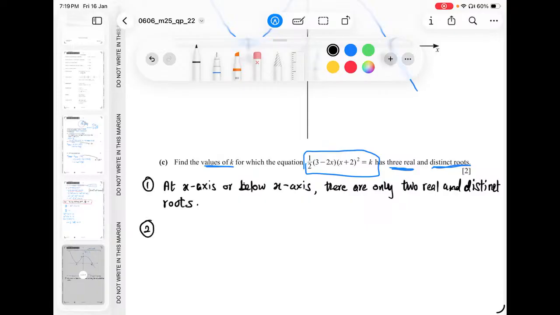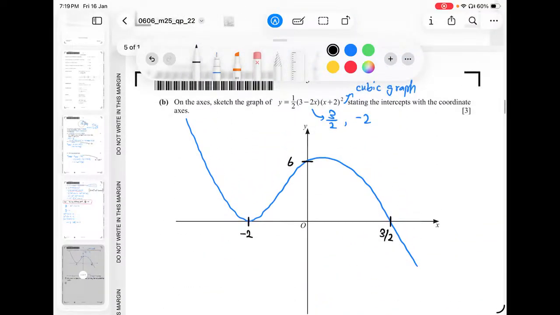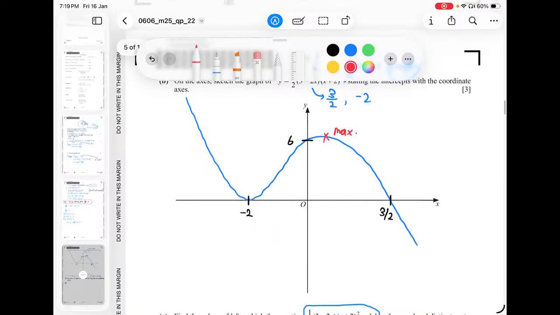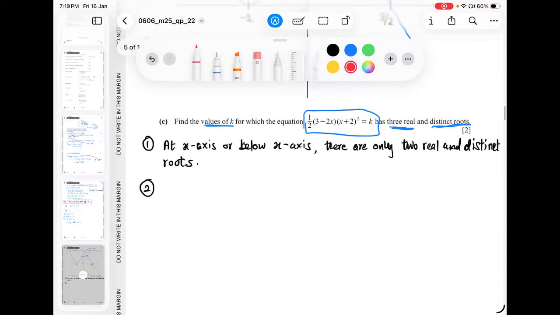The second observation from the graph is from this maximum point. Let's say this is the maximum point. At the maximum point or beyond that, there is going to be only one or two solutions.